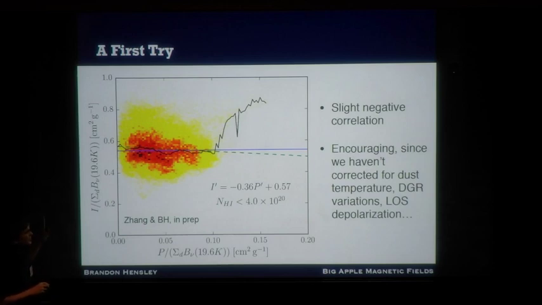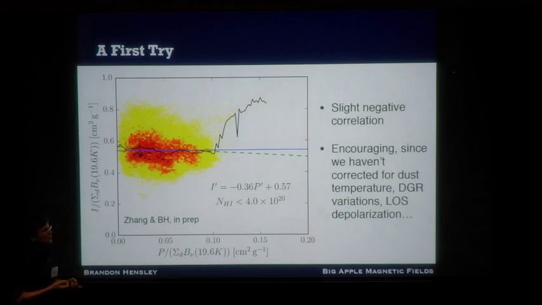The second thing is things like dust temperature variations. If I'm thinking about intensities per hydrogen atom, my intensity per hydrogen atom is going to go up if my dust grains are hotter, and it's going to go down if my dust grains are cooler, right? So dust temperature fluctuations are going to naturally induce a positive correlation between these two quantities. So you might have expected to see something positive here.